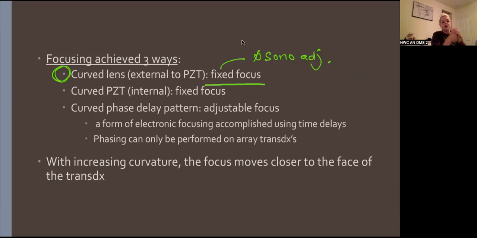Fixed means it's locked in place. You cannot change it. That's how transducers used to be. Techs that have been around used to buy these transducers because that was what was on the market, and they had one focus and that was it. You were just going to scan with that focus wherever it was because it was fixed in place. So a curved lens goes outside of the PZT.